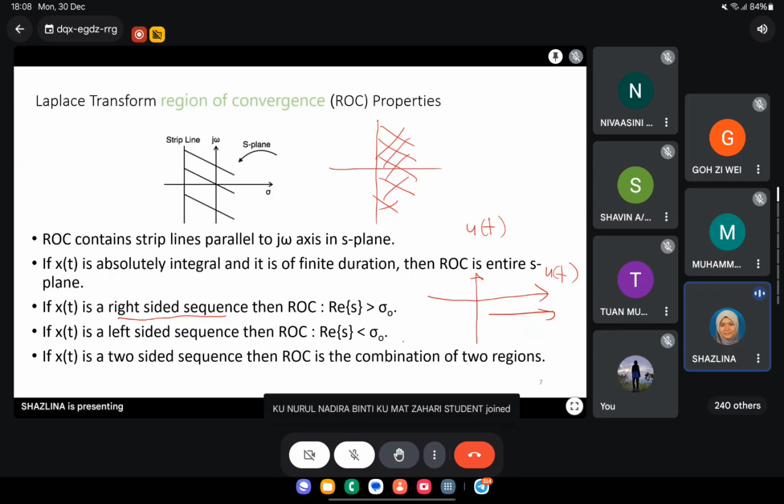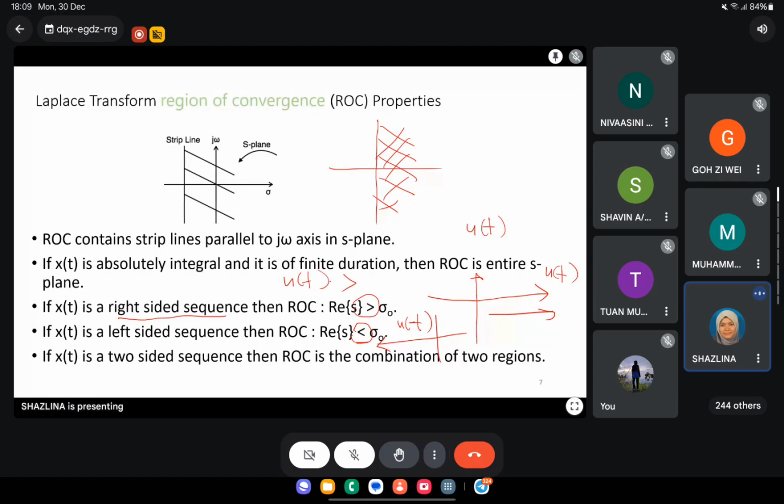If the signal is left-sided, meaning u(negative t), the signal is on the left, so the ROC is smaller. Remember, left-sided smaller, right-sided bigger.